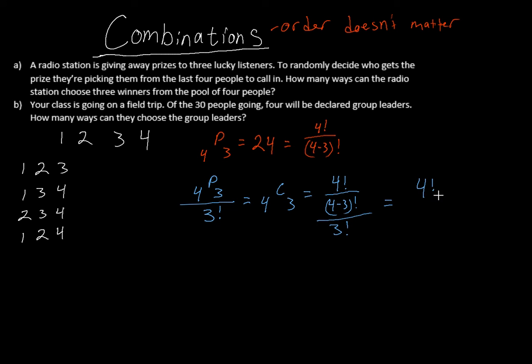So multiply by the reciprocal. And here's what that formula is going to be. If we plug all this into our calculator, or figure it out since it's small numbers, we'll end up with our answer of 4. We'll have 4 different possibilities, which is what we calculated when we did the long way.